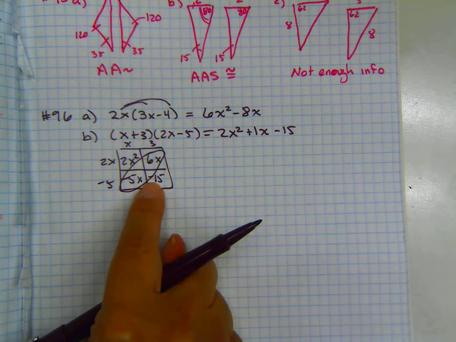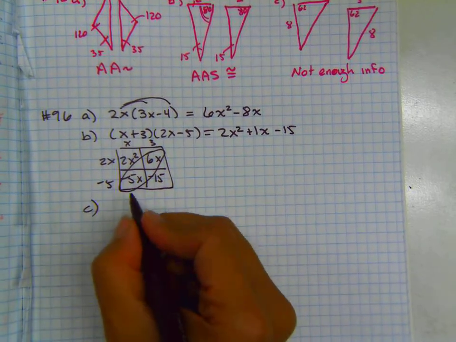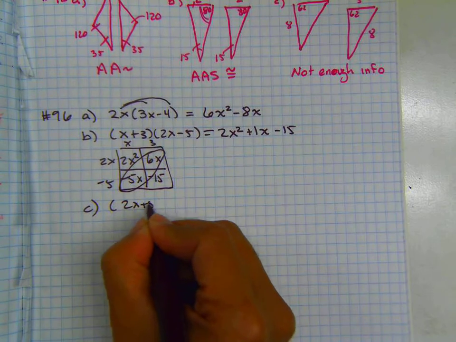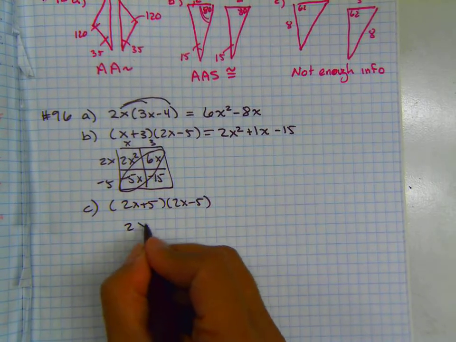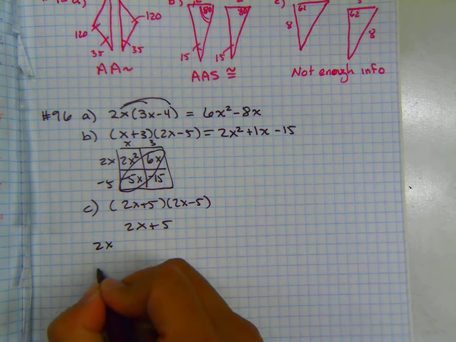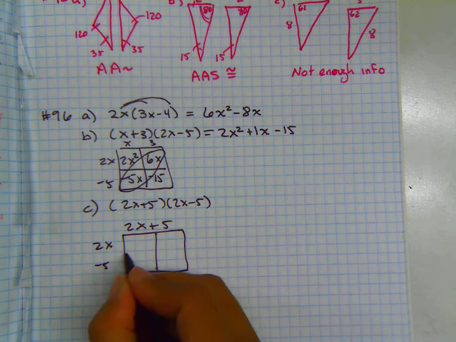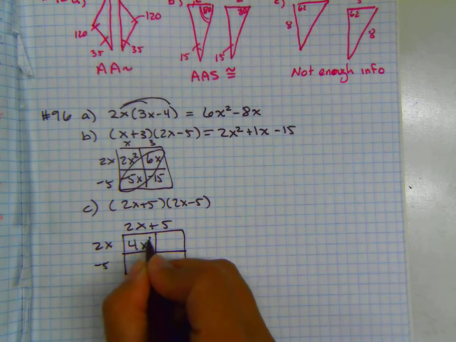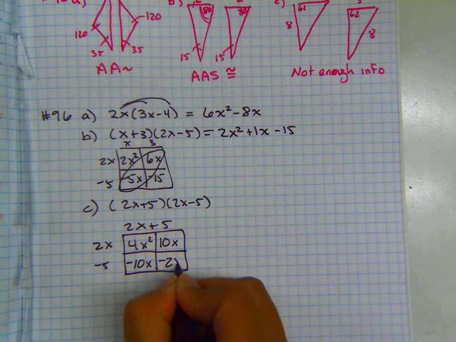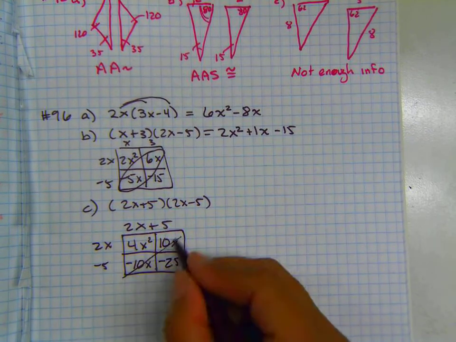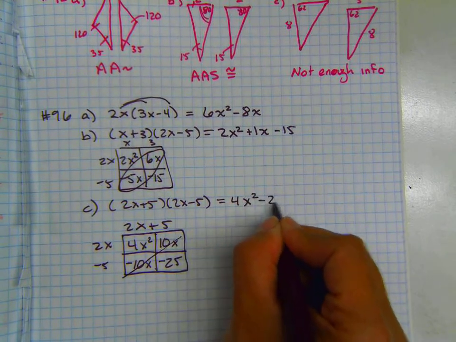All right, for C, you have 2x plus 5, 2x minus 5. So this is 4x squared, 10x, negative 10x, and negative 25. These cancel out, and we're left with 4x squared minus 25.